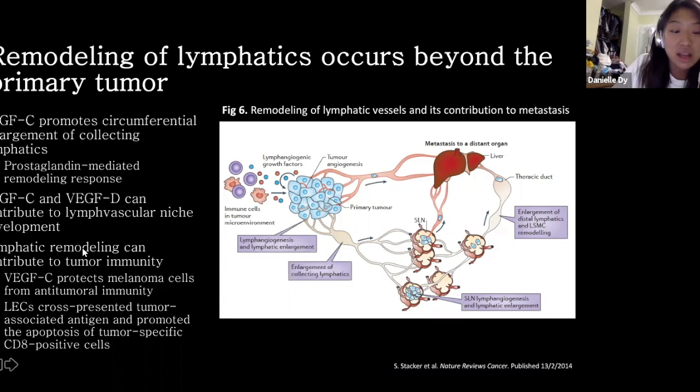And then the other interesting feature that the paper talked about outside of primary tumor remodeling is the fact that LECs share a lot of similar characteristics with antigen presenting cells, and in a way that actually contributes to there being a degree of tumor immunity with these cells.